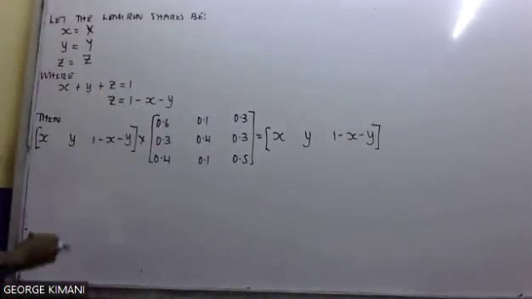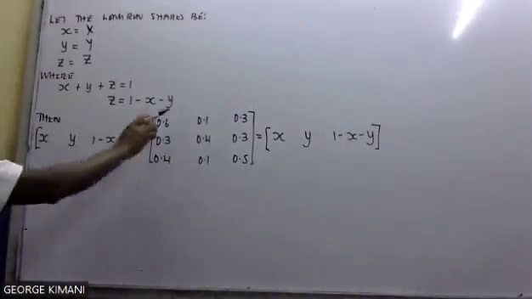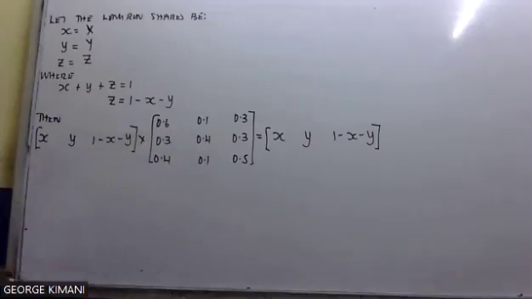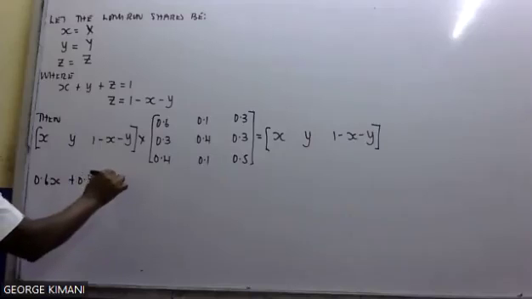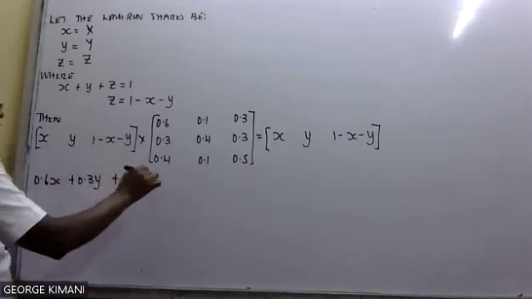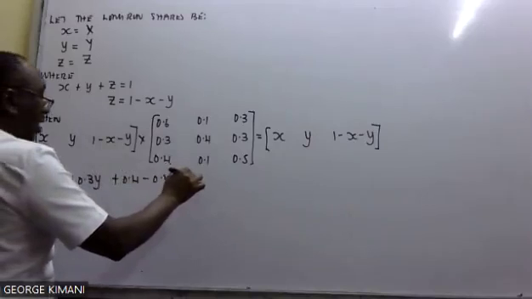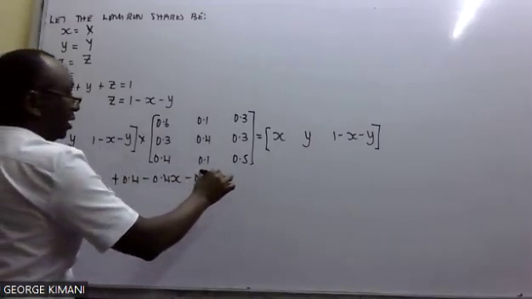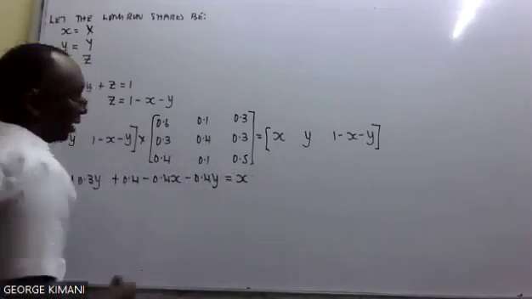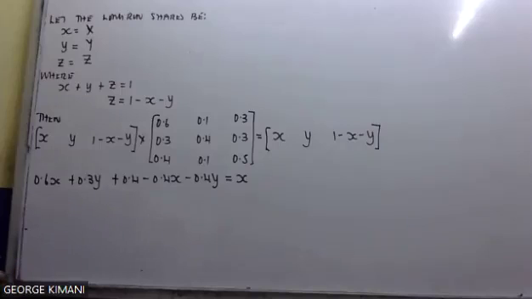Then we multiply this times this way, so that we get 0.6x plus 0.3y plus 0.4 minus 0.4x minus 0.4y. Is that okay? Yes, that is fine.